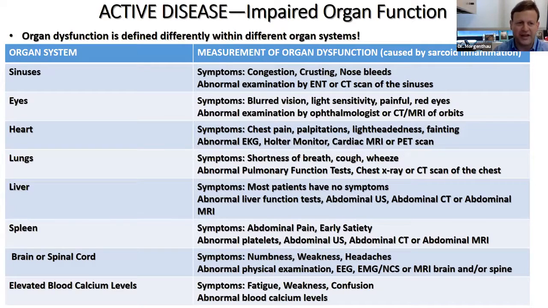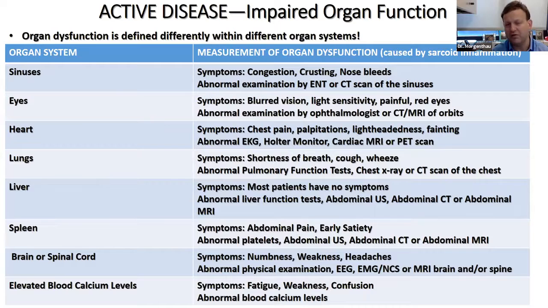So if, for example, we look at the organ system here in this list, we look at sinuses and we say, are the sinuses involved? Okay, maybe they are. We have a CAT scan of the sinuses that shows that there's some swelling in the sinuses, there's congestion, there's sinusitis, but we really want to know, does this patient need to have those sinuses treated?